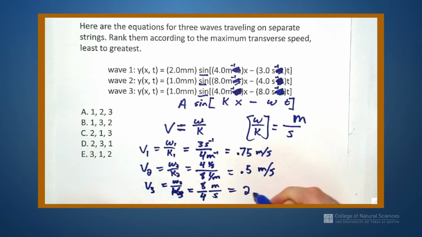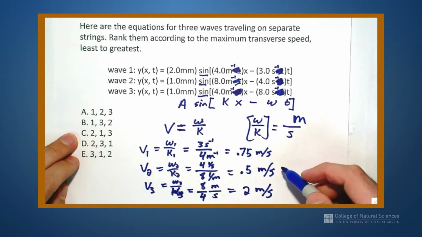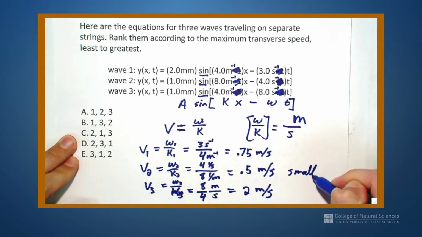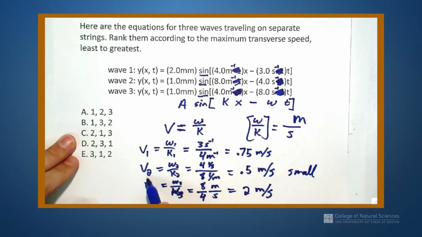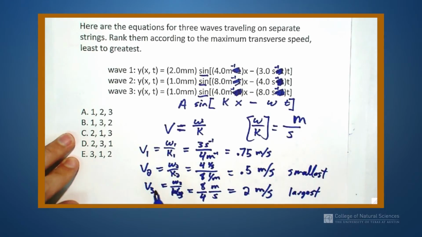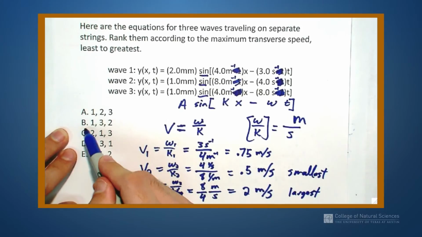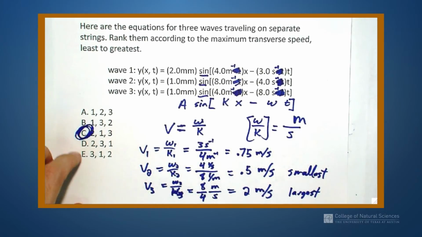So this is 2 meters per second. So I can see wave 2 is my smallest, and wave 3 is my largest. So my smallest is 2, my largest is 3. 2, 1, 3 looks like my right answer.